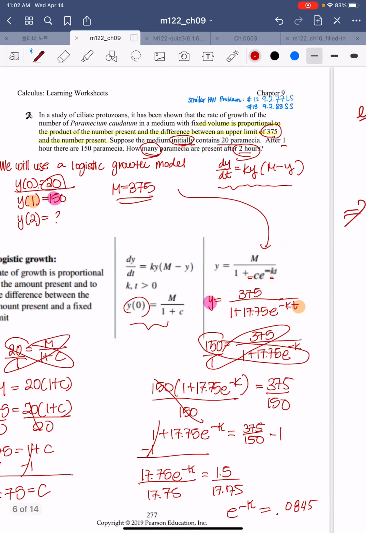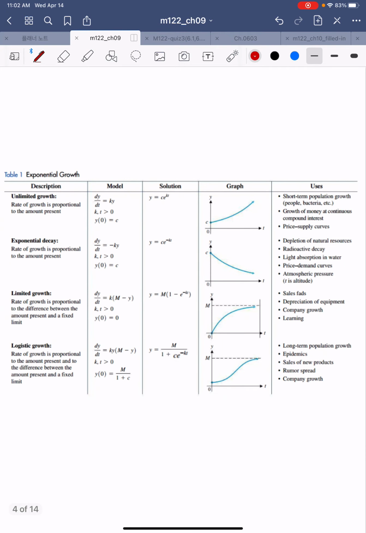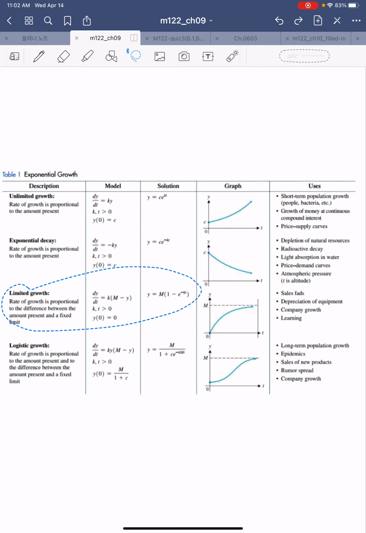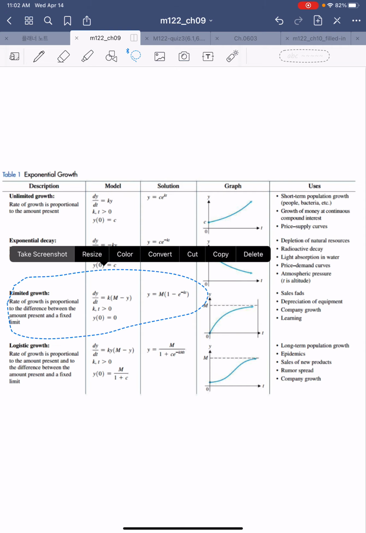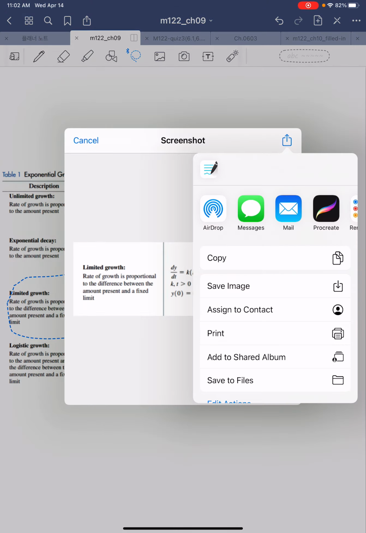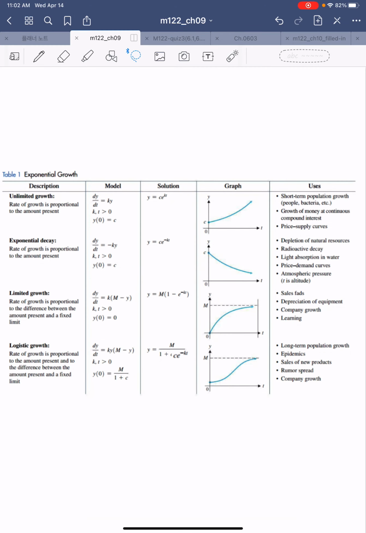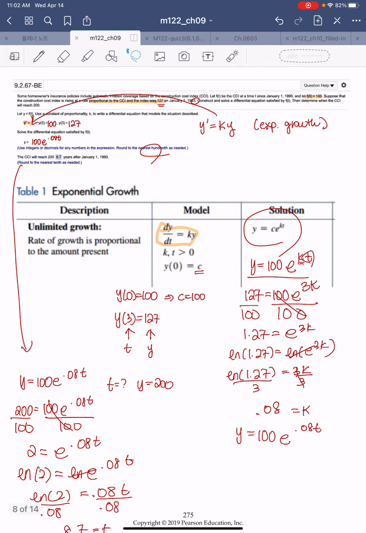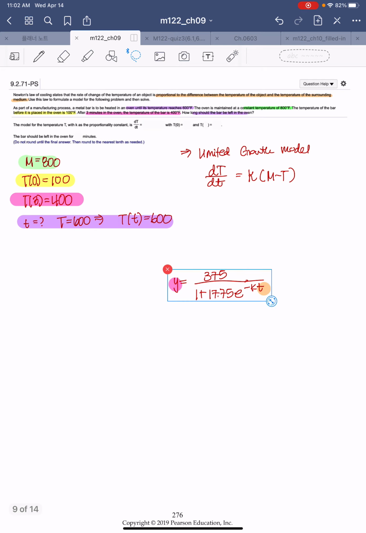I'm just using this right over here, and instead of y, we have a capital T. Now let's screenshot this here and see if we can use it.